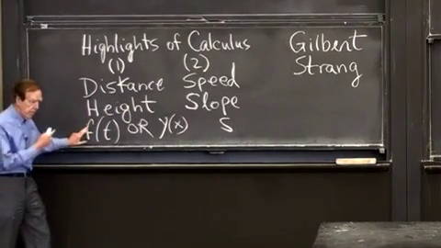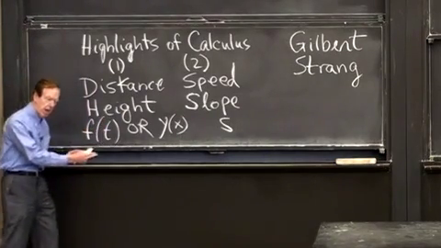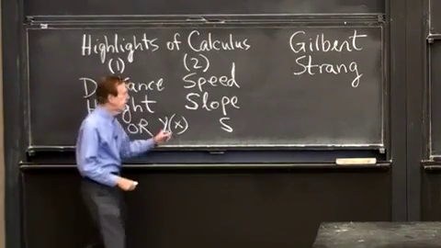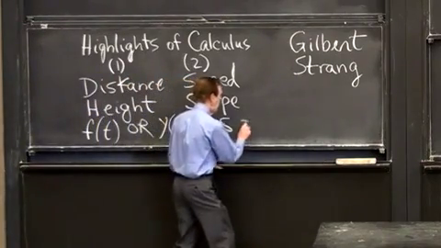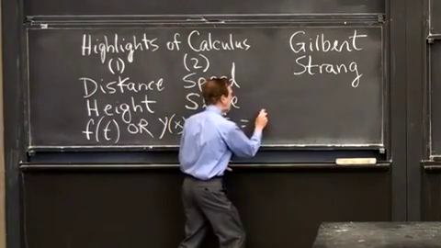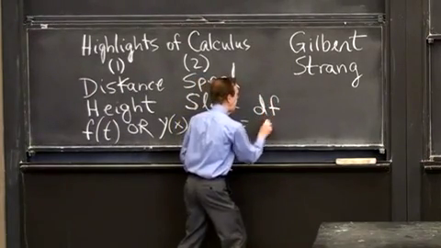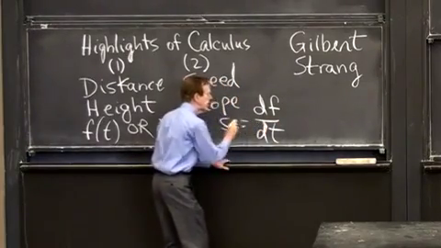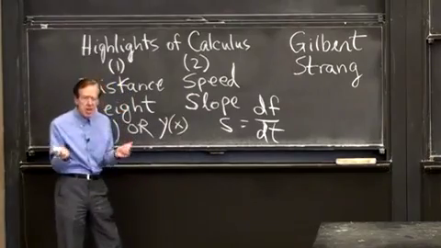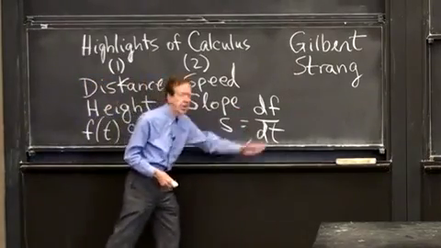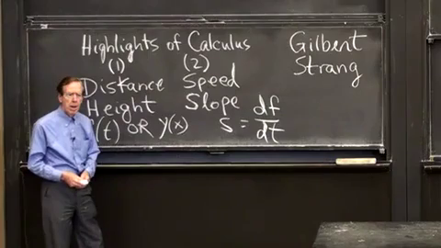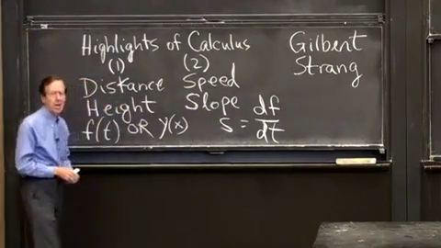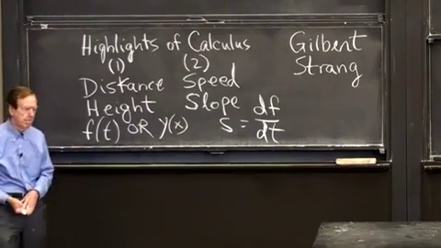If my function is a function of time, the distance, how far I go, then the speed is, the right letters are df dt. Everybody uses those letters. Let me say again how to pronounce: df dt. Leibniz came up with that notation, and he just got it right.